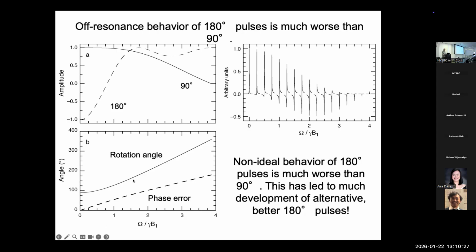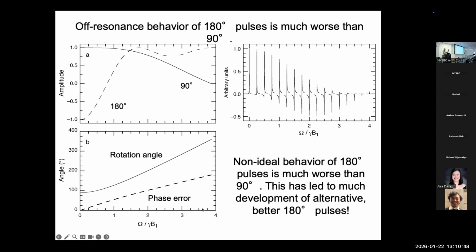a larger angle. And the important thing you can see here is that you might get to an angle of 360 degrees, right? Somewhere in here is 360 degrees at some value of the offset.